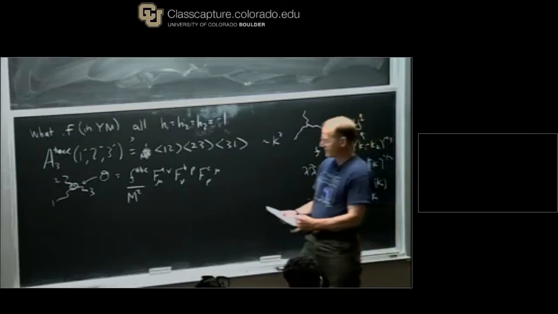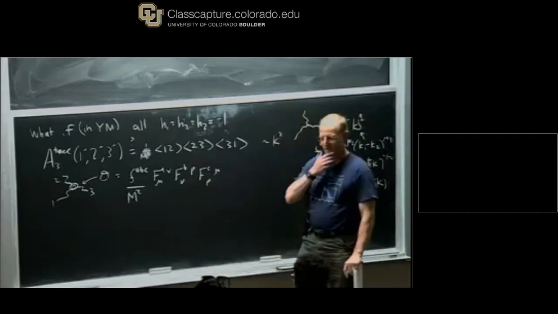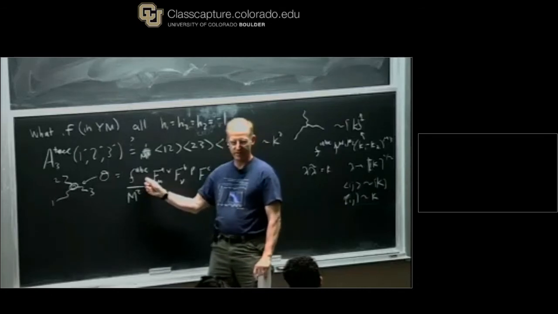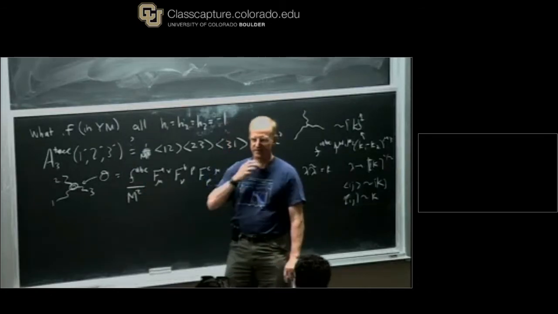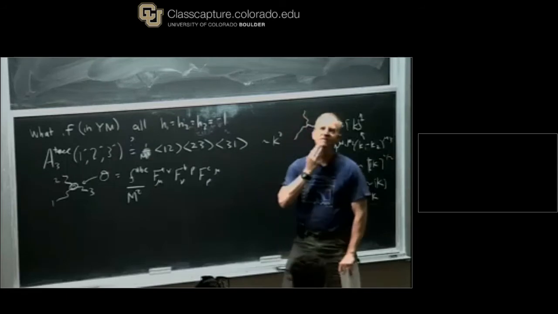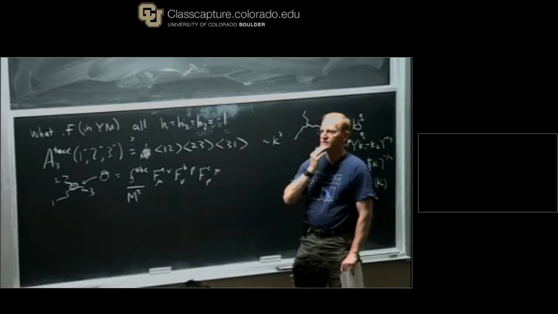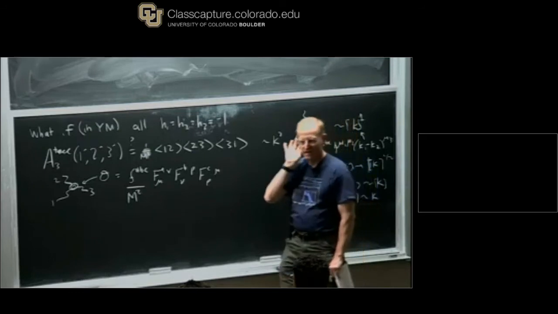By the way, when I wrote this down, there's probably something else I should check. If I want to assert that it comes from something which has an f^{ABC} vertex, what should I check to make sure it's compatible with having an f^{ABC} in front of it? Yeah, the symmetry, great.